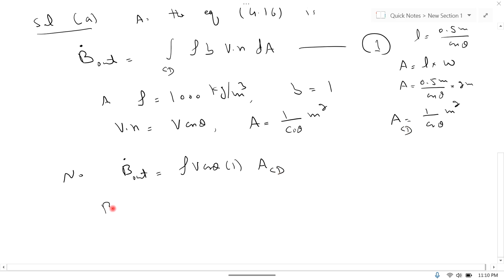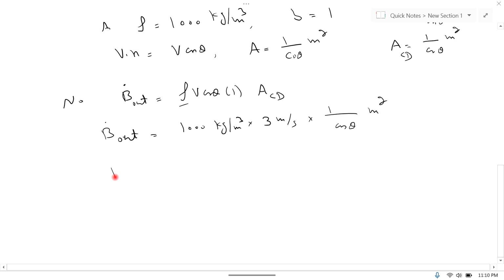So the mass flow rate is equal to rho, for water 1000 kilogram per cubic meter, velocity given as 3 meter per second, b is 1, and A CD is 1 over cos theta square meter.